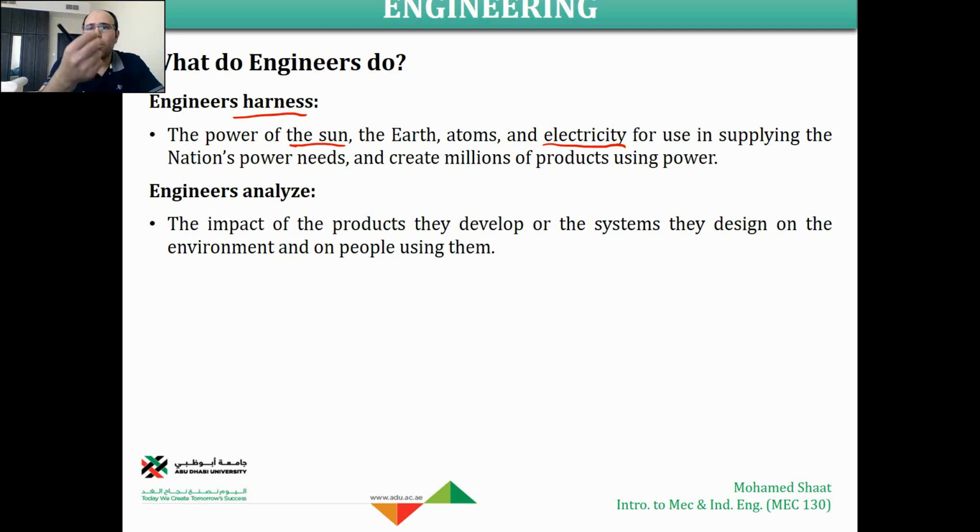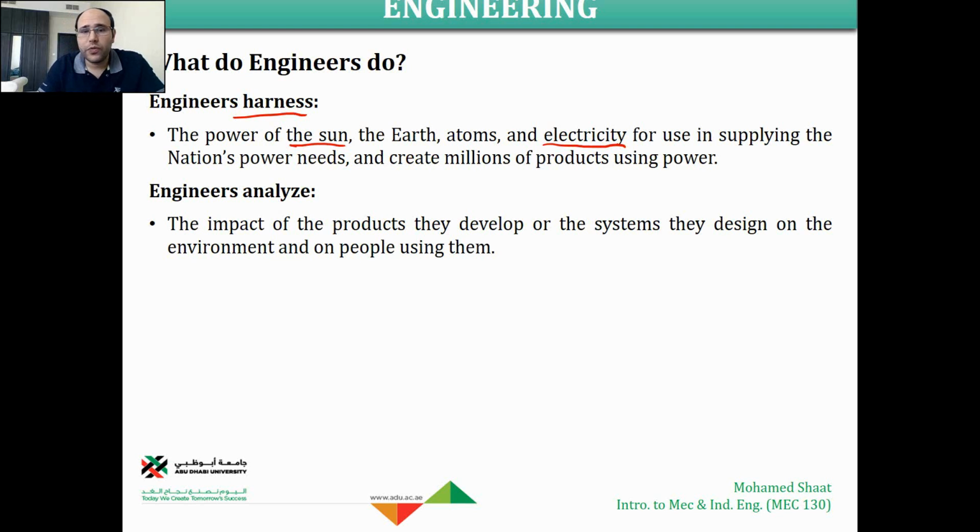So the movement, how we can harness the energy that comes from the movement of electrons in a form which is the electricity that we currently use. It is a very big invention which is definitely related to engineering.